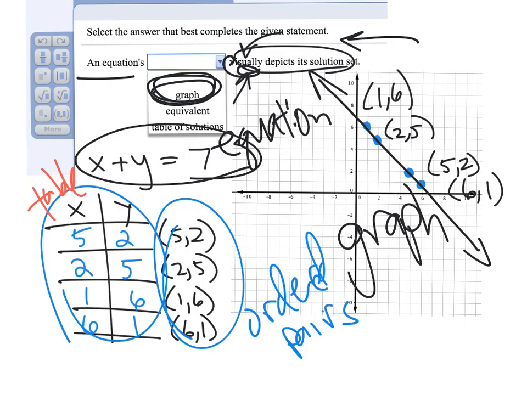So you've got 4 super important things. You've got your equation, you've got your table, you've got your ordered pairs, and you've got your graph. And all 4 of these in this case are kind of like a family. They're all connected because they're all talking about the same relationship. And basically the relationship is find 2 numbers that when you add them, you get 7. And that wraps up this video.